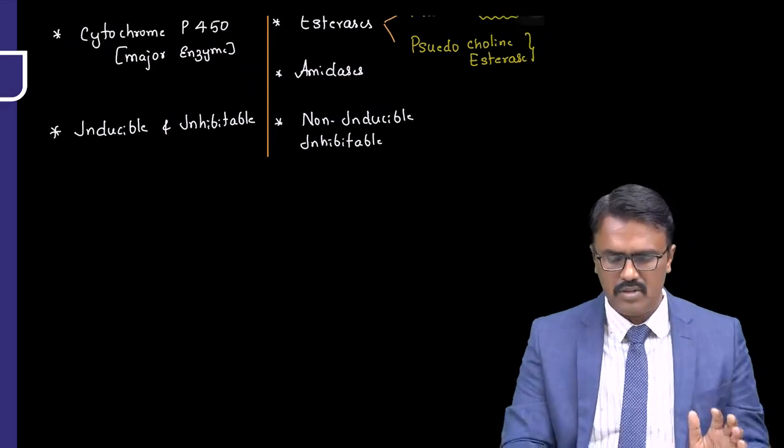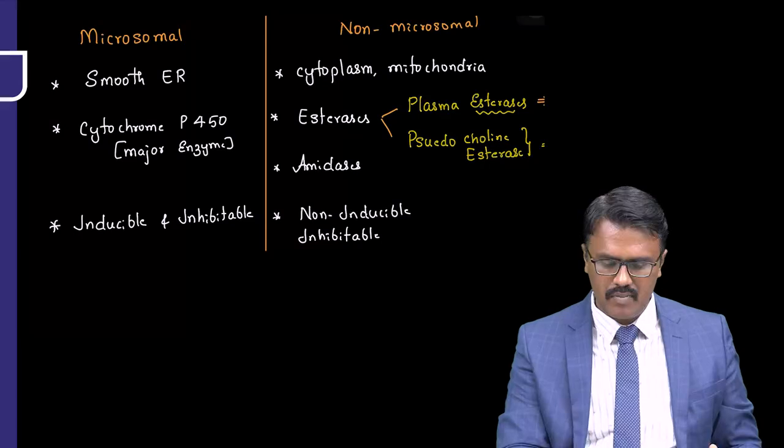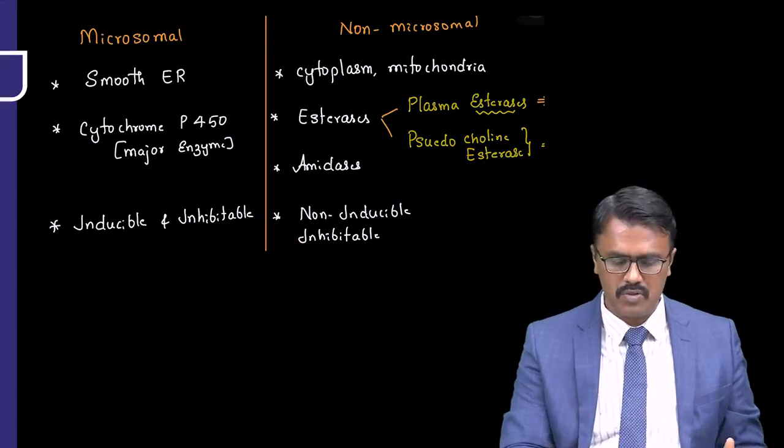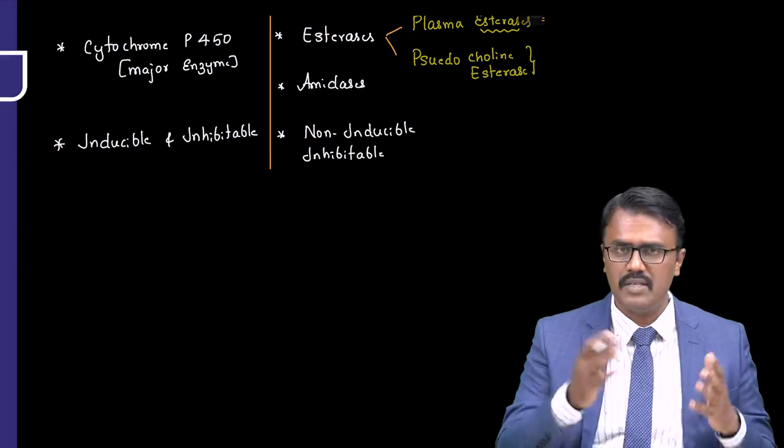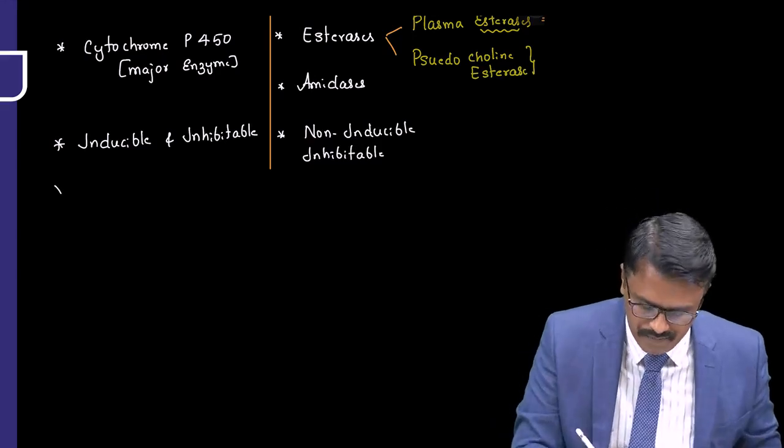Okay, sir. We understood the differences. You gave the examples. Correct. Microsomal enzymes are in the smooth endoplasmic reticulum. The major enzymes are cytochromes, and they are inducible and inhibitable. Now, which phases are undergone in this?